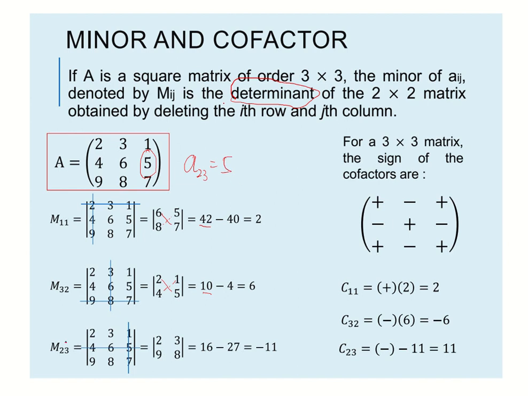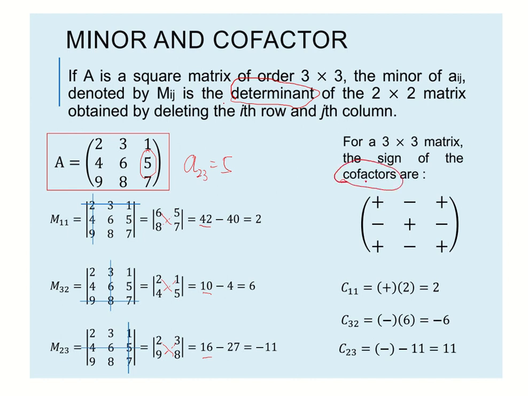To find the minor, we delete the row and column. So we have 2, 3, 9, 8, and 2 times 8 is 16, 9 times 3 is 27. So 16 minus 27 is negative 11. These are the minors for the respective elements. Now, how do we find the cofactor then?